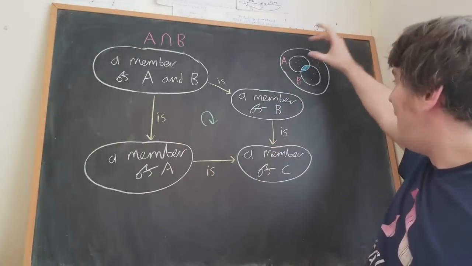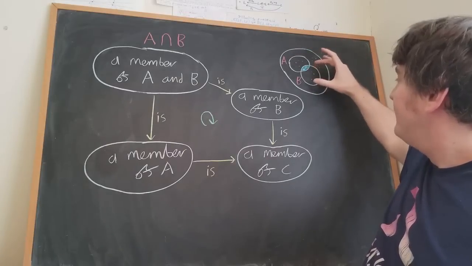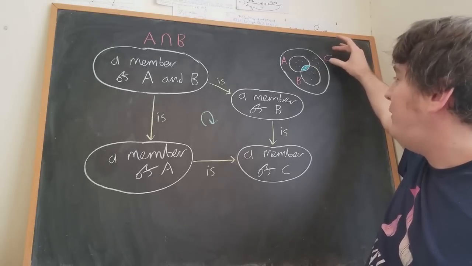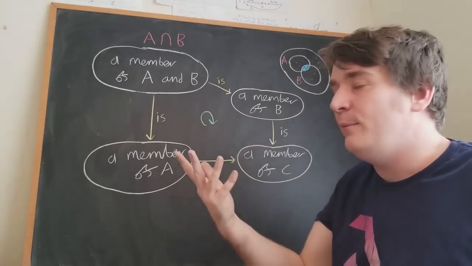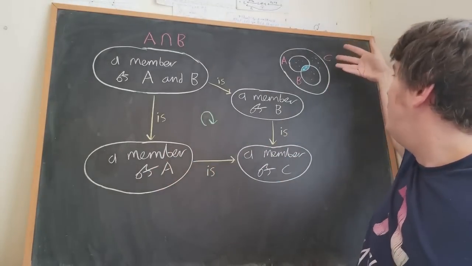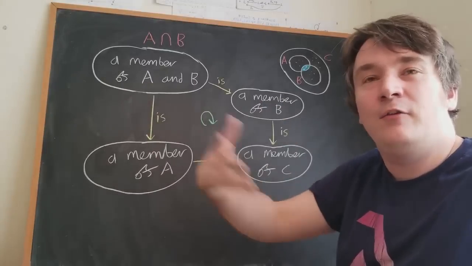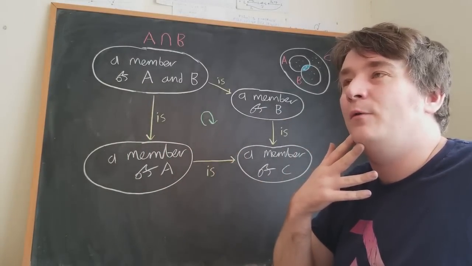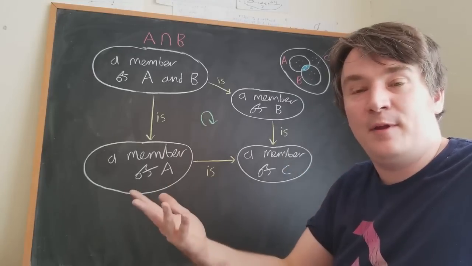So let's say we have two sets A and B, and they're both subsets of another set that we call C. When we're doing this in terms of everyday language, we could just make a suitably general set that contains both of those. Let's say we wanted to talk about a female mathematician.